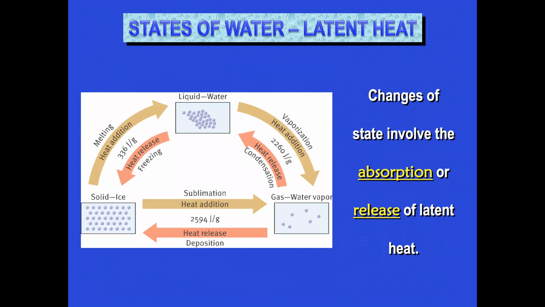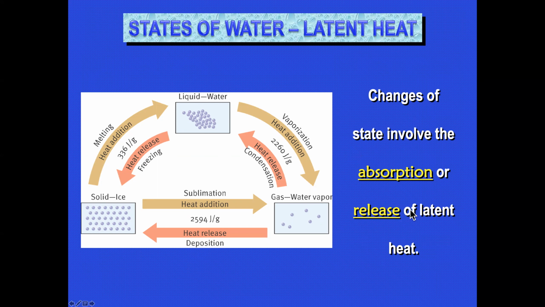We talked about latent heat, the idea of the state, the phase change in water, whether you're condensing or evaporating, which is frankly what we're mostly associated with here, vaporization and condensation. It involves the absorption or the release.